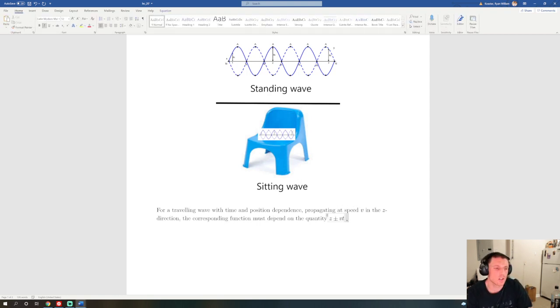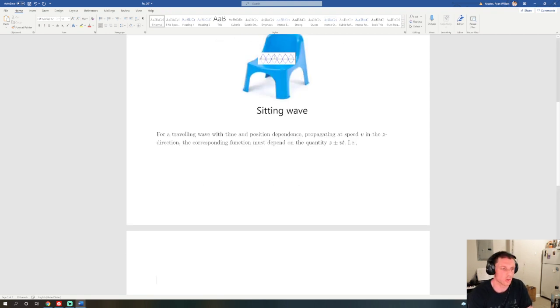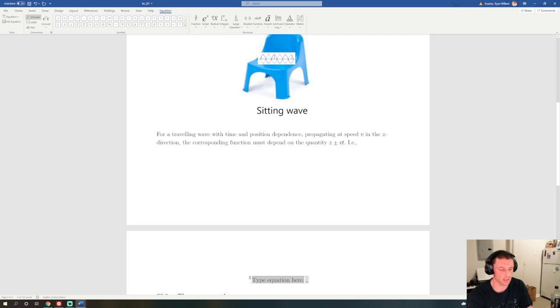And so we could put this mathematically, right? We could say that any function that we use to represent these things mathematically should look like this. We're saying just some arbitrary function of z and t, but it actually has to be a function of z plus or minus vt, right?